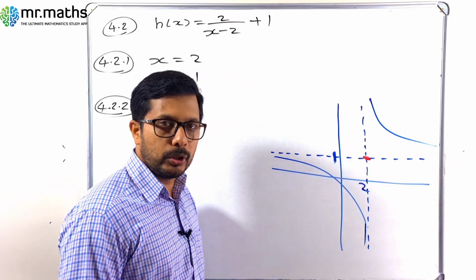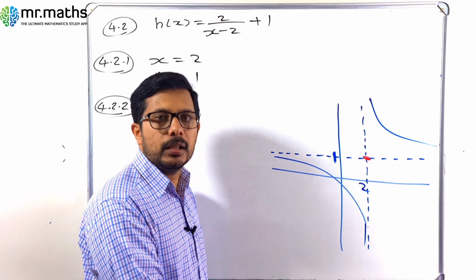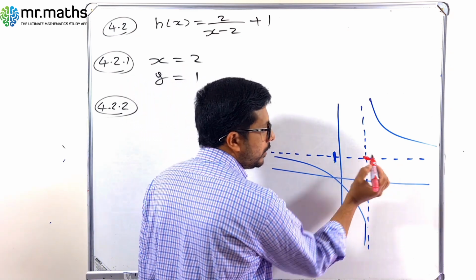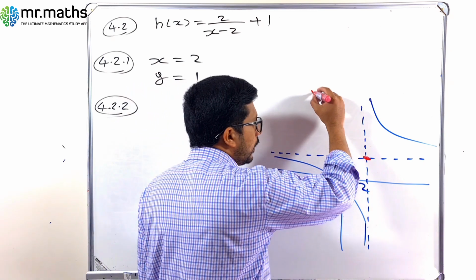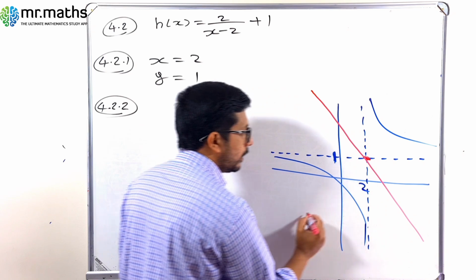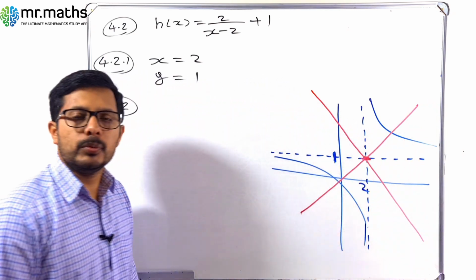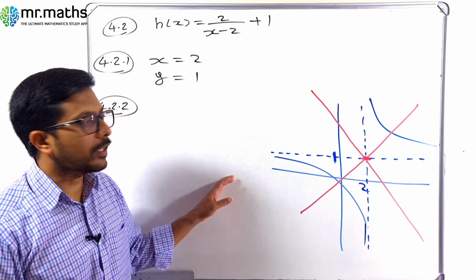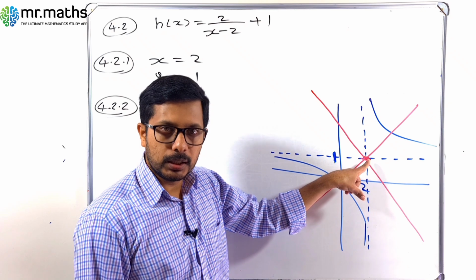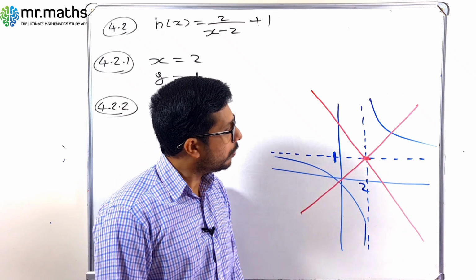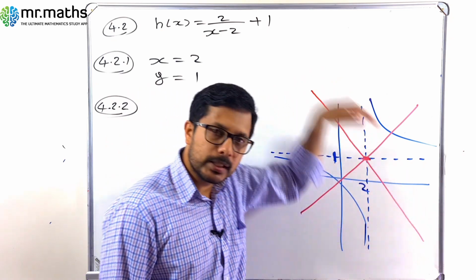I told you there are two axes of symmetry, and both pass through the intersecting point of the asymptotes. One axis of symmetry is like this and the other is like this. Now this axis of symmetry is decreasing.